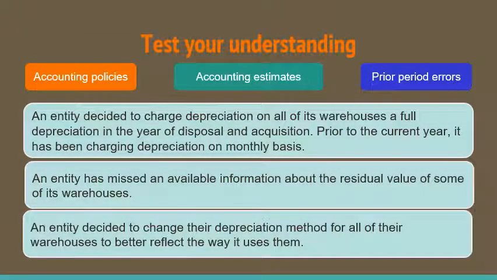Now let us test our understanding. Here we have 3 scenarios. Pause this video and take a moment to give a thought on what we have discussed earlier and try to match these scenarios with their appropriate events. Are they considered as change in accounting policies, change in accounting estimates, or simply a prior period error?